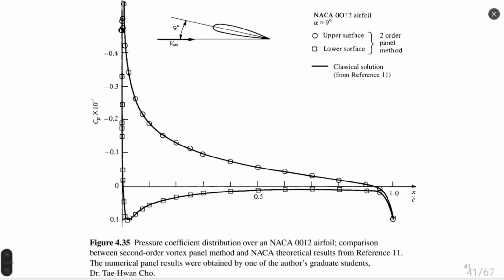One example. Meanwhile, I will explain this. This is an example which shows us the second order panel method compared with the classical solution, CFD. We see that it corresponds quite well, the solutions of the panel method and CFD.